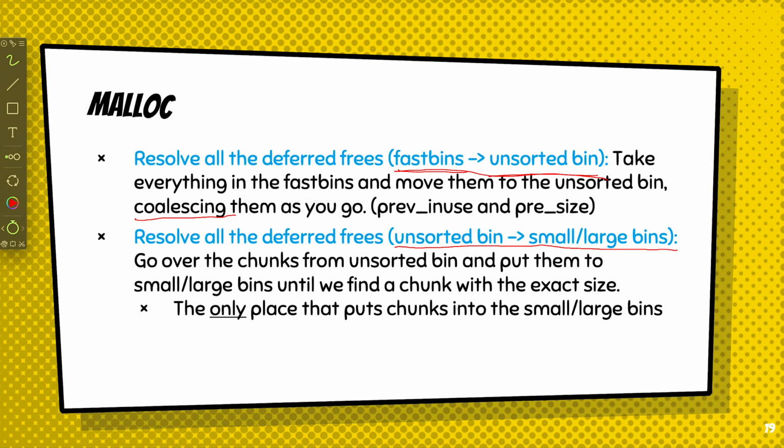Remember that when a chunk is free, we store prev in use and prev size in the chunk. We actually use that to identify if there is any chunk next to our current chunk that is also free. That's why we store that metadata inside the chunk of the heap, and because of that heap metadata, it improves performance.